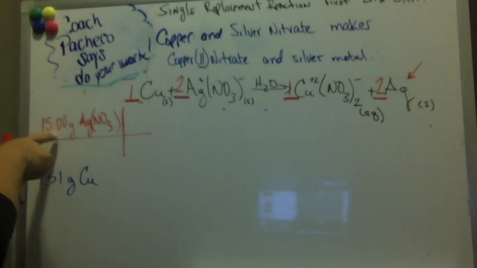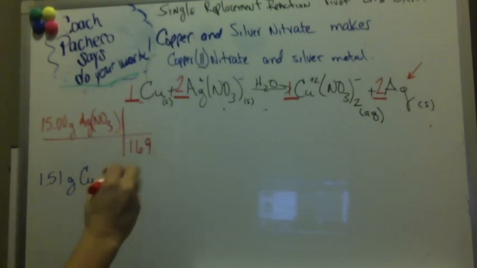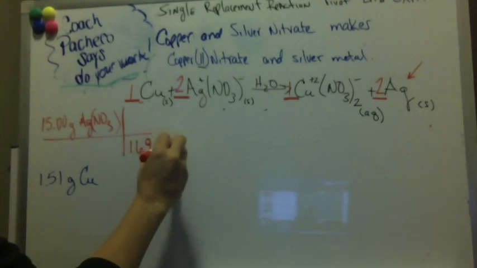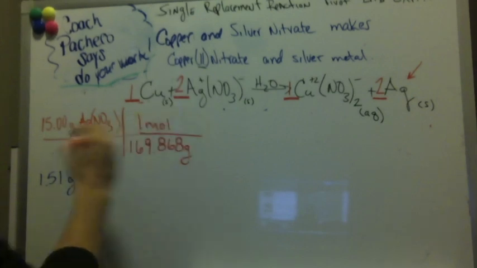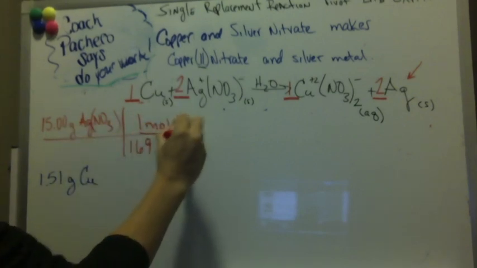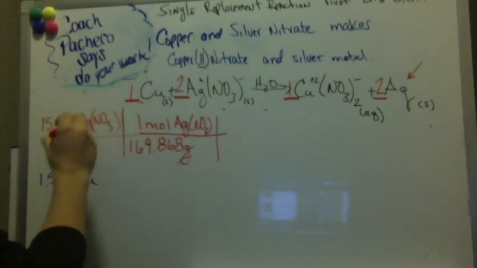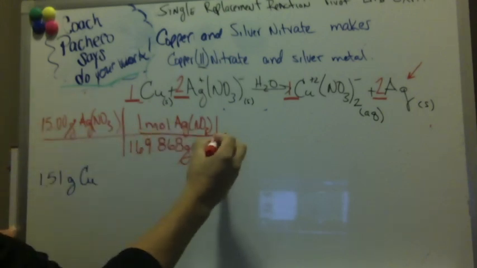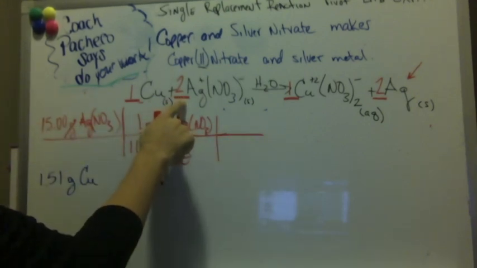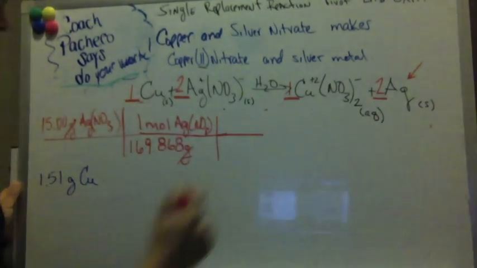So we know 15 grams are given, and we also know that 169.868 grams equals 1 mole of, again, silver nitrate. The grams cancel out. The next thing I want to do is now use my mole ratio. 2 moles of silver nitrate is equal to 2 moles of silver.